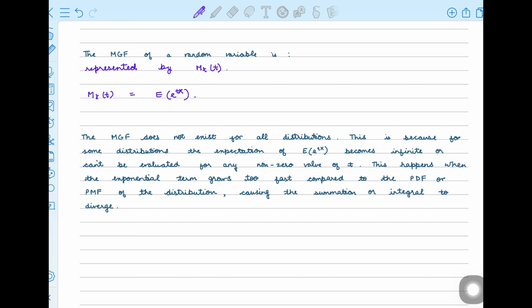Here, capital X represents the random variable, t is a parameter, e is the exponential constant, and the expectation means the weighted average in probability. The idea is that after expanding the exponential term, the moments automatically appear inside the expression. That's why it's called a moment generating function. The MGF doesn't exist for all distributions. This is because for some distributions, the expectation becomes infinite or cannot be evaluated.